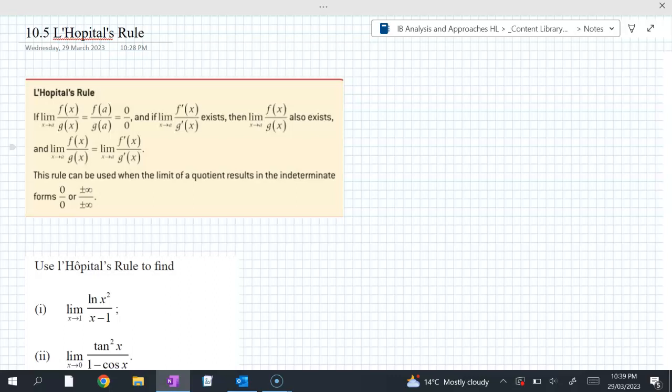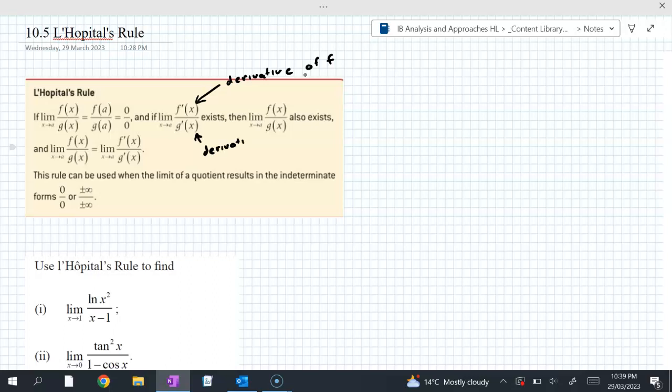Now note that we're not differentiating the division function. It's the derivative of f on its own on the derivative of g.